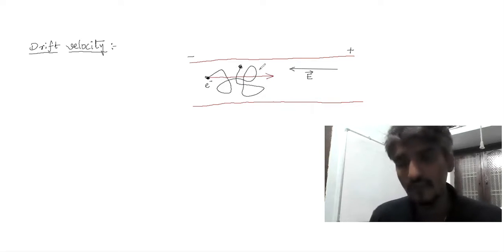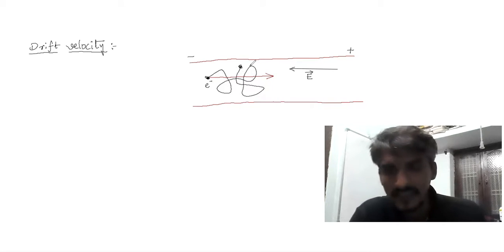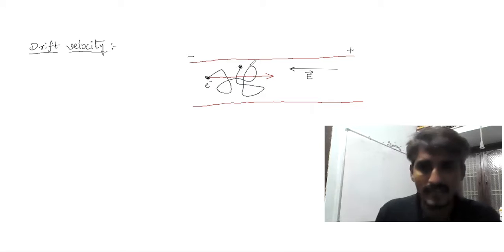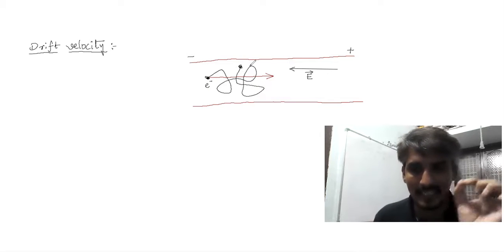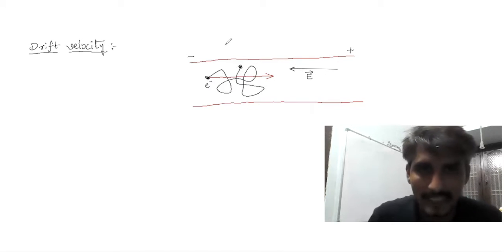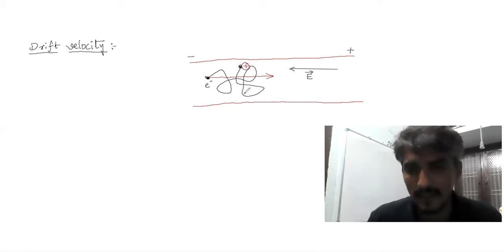If they want to move in this direction, you know what happens? It's very interesting. Whenever they come out of the atom, what remains is what we call a lattice. Am I right? I already told you that. Suppose there is a lattice at this position. Lattice means positive charge.